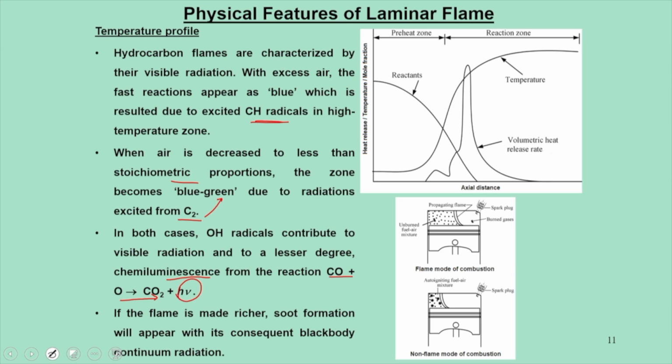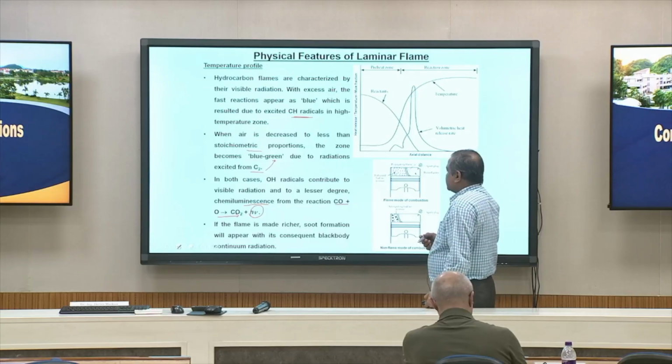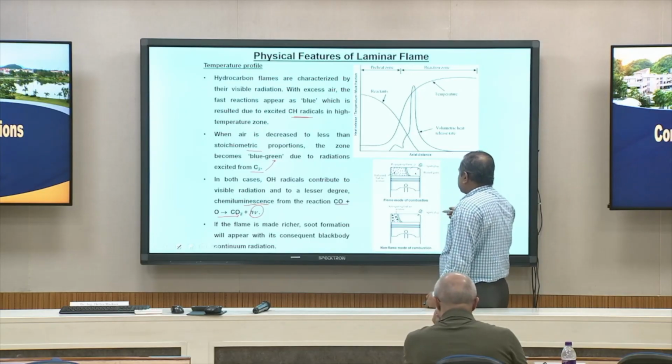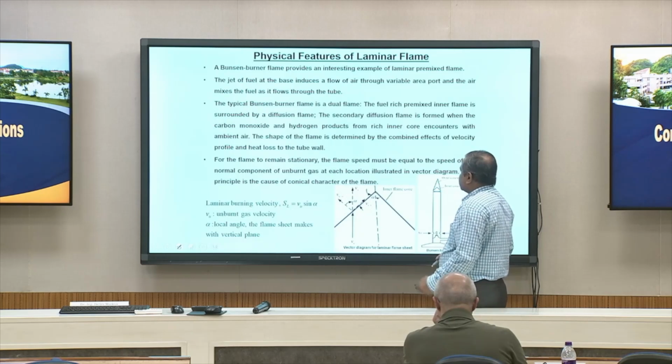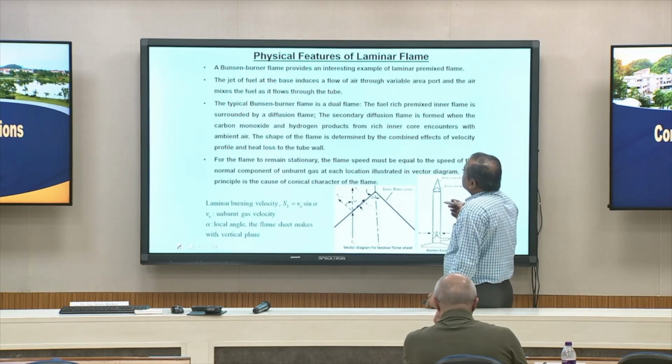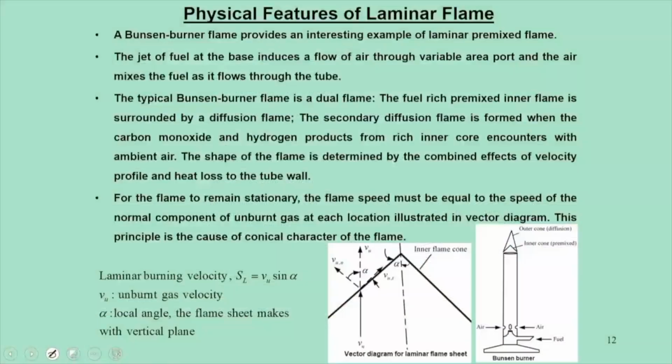Now when the flame becomes richer, soot formation comes, so it becomes continuous black body radiation. This is a typical feature of a Bunsen burner flame.